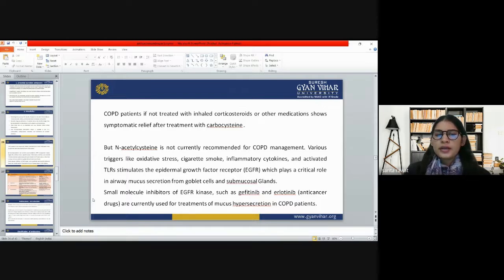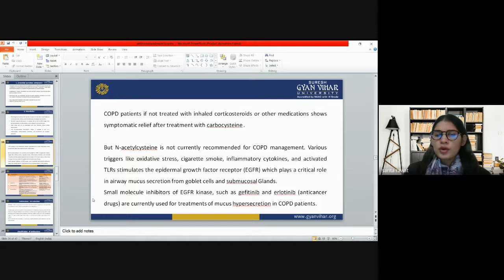Various triggers like oxidative stress, cigarette smoke, inflammatory cytokines, and activated TLRs stimulate the epidermal growth factor receptor (EGFR), which plays a critical role in airway mucus secretion from goblet cells and submucosal glands.